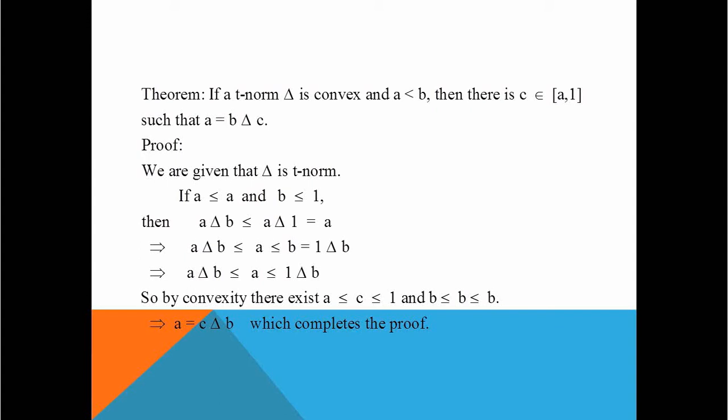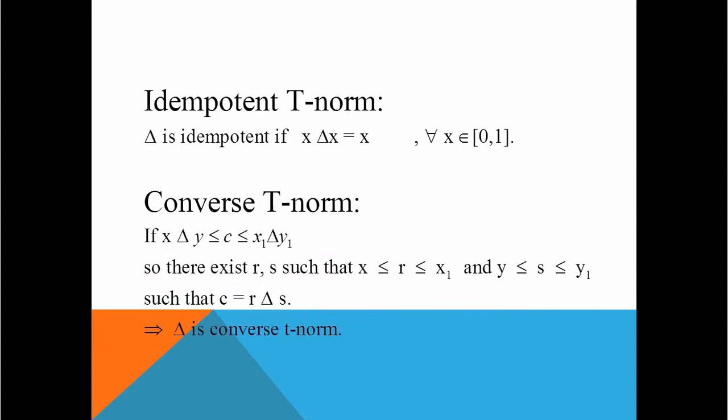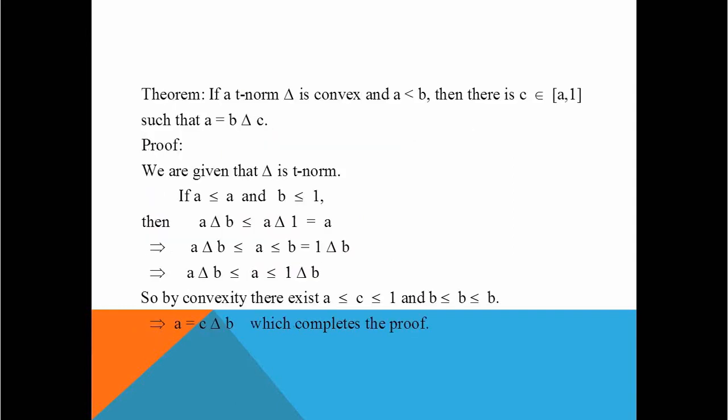So a delta b is less than or equal to a, which is less than or equal to 1 delta b, because b is equal to 1 delta b. By convexity, there exist... If a t-norm is convex, we are using this definition of convex: if x delta y is less than or equal to c, which is less than or equal to x1 delta y1, then c is equal to r delta s. We are applying this.